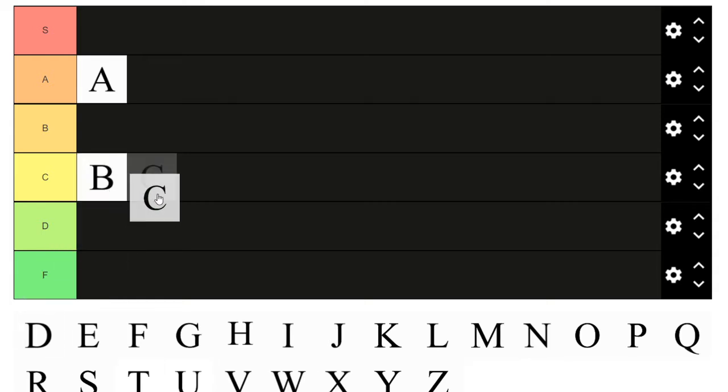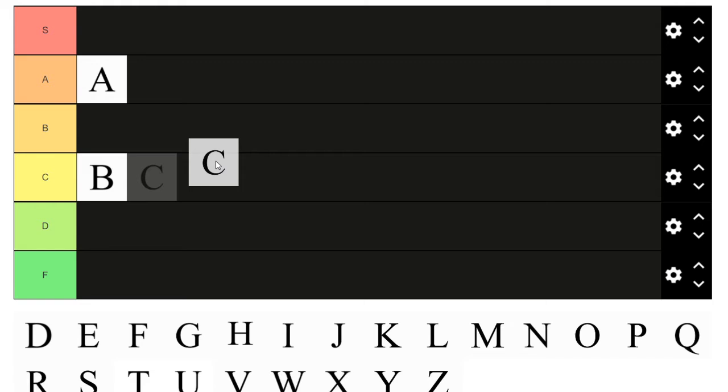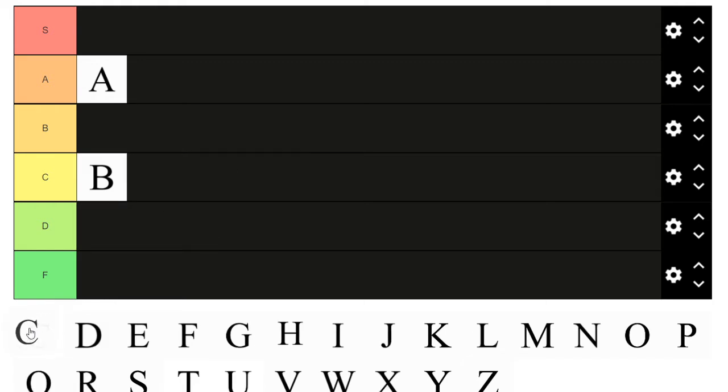And now we have C. So I don't really like the letter C. I'm doing this on the fly. I haven't actually thought about any of these, but the letter C, it's just like a carbon copy of the letters S and K. The word cat could be spelled with a K just fine, and then ice could be spelled with an S in most cases, but that's not how it's spelled.